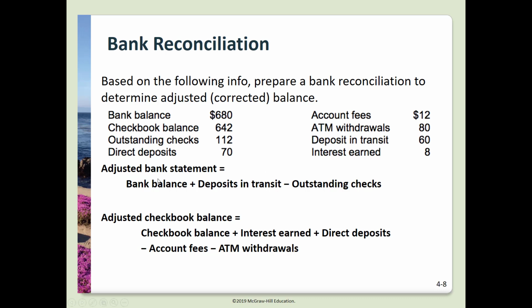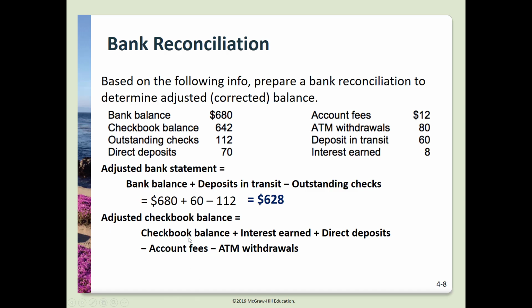So for the adjusted bank statement, we'll take our bank balance plus the deposits in transit, that means the deposits coming in, minus the outstanding checks. So we'll take the $680 plus the $60 minus $112, and we get $628. In the next part, we have to find the adjusted checkbook balance.